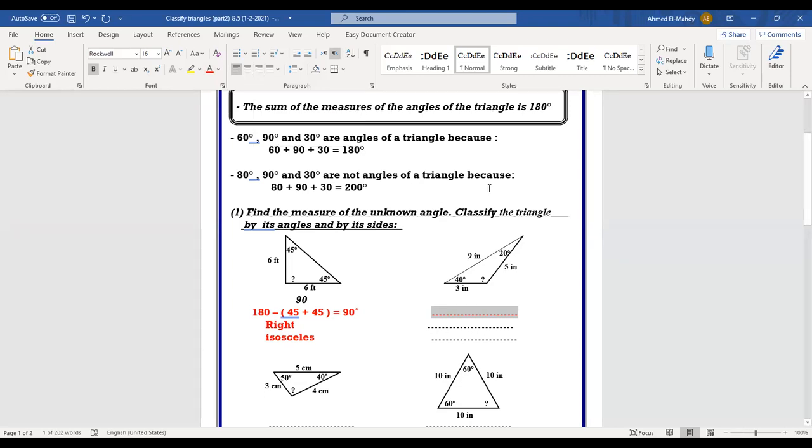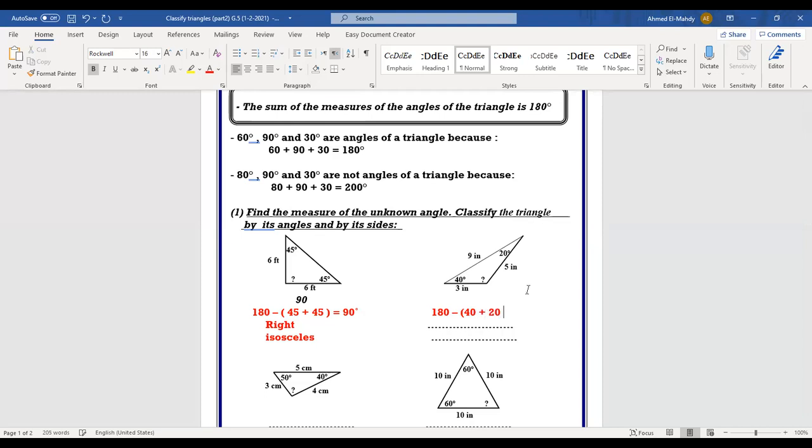In this triangle we have angles of 40 degrees and 20 degrees. How can we find the measure of the unknown angle? 180 minus 40 plus 20.